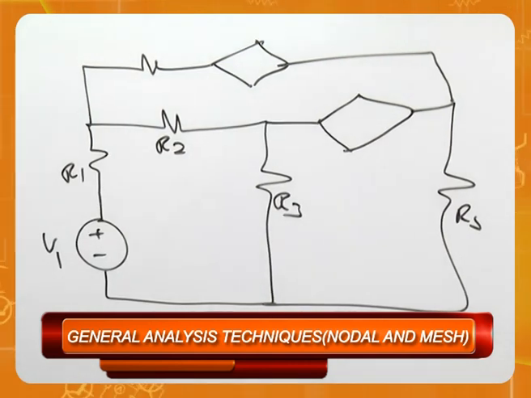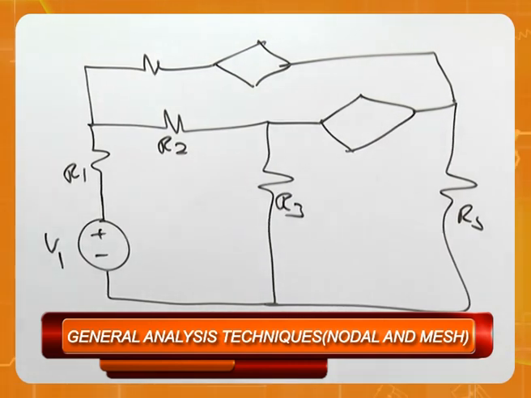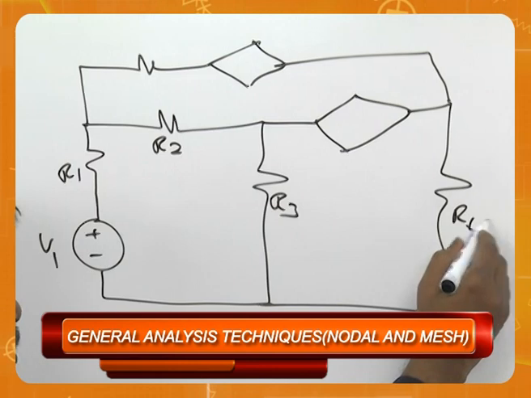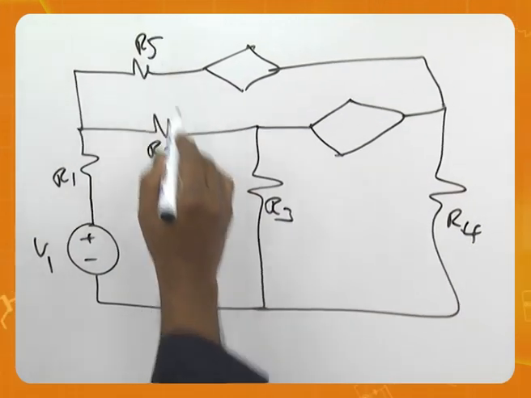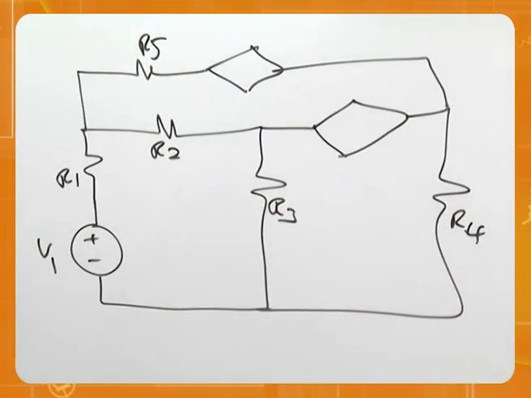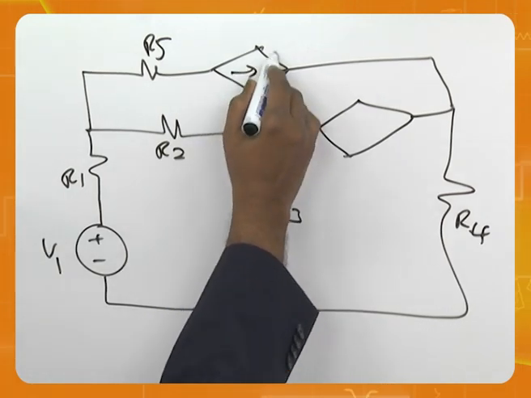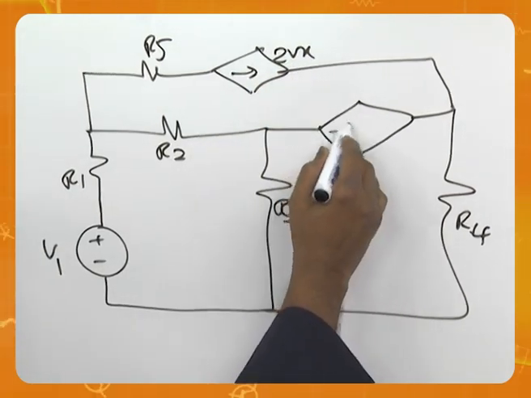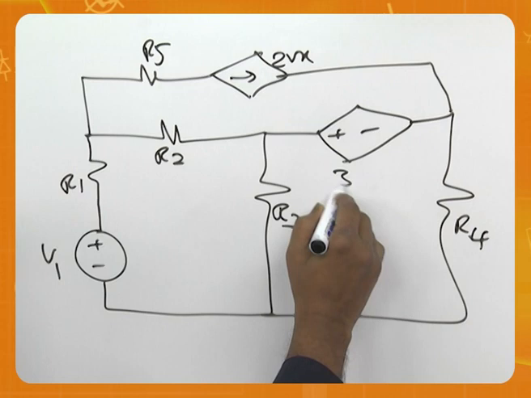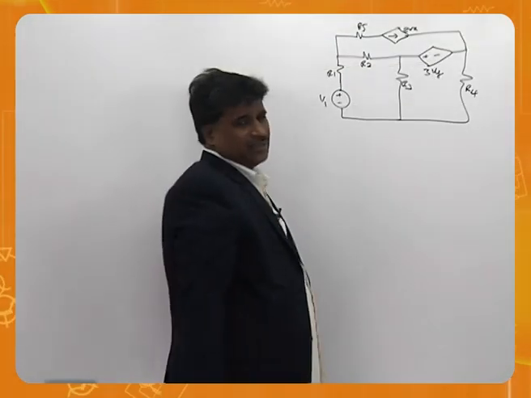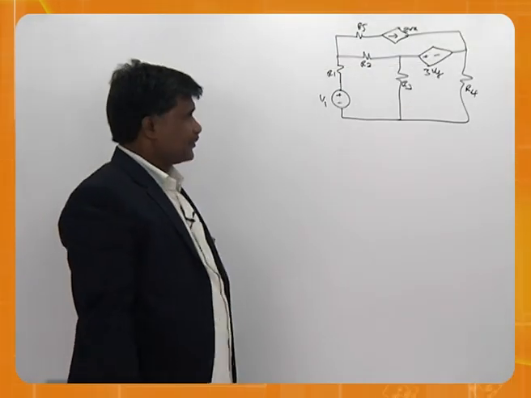Then R4 I have removed. That's why this became R4 now. This became R5. This is 2Vx. This is 3Vy. That's the problem given.